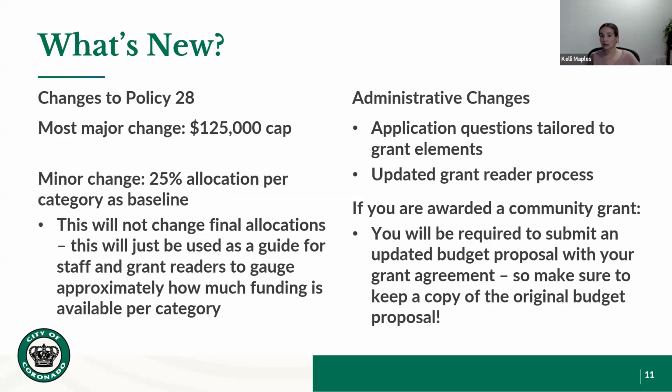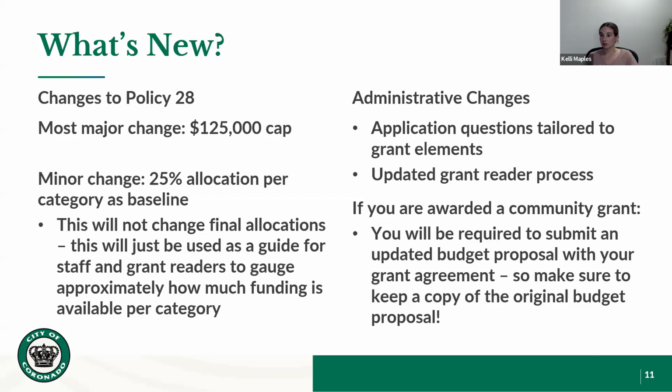Another administrative change that we are implementing is an updated grant reader process. This is the first year that we're going to be having a meeting or discussion with the grant readers after they submit their scores. Last year was the first year that we introduced providing comments to the applicants from the grant readers.